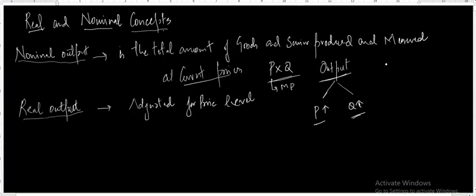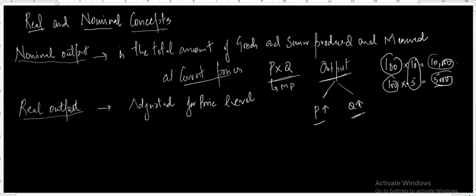For example, if I'm producing 100 goods and the price is 10, it is going to be 10,000. Now for the same 100 goods, if the price is only 5, the total value of the output is going to be 5,000. So in this case, the output is the same, however the price has changed. These figures are nominal figures. However, when we adjust these nominal figures for the price level, they are known as real output.